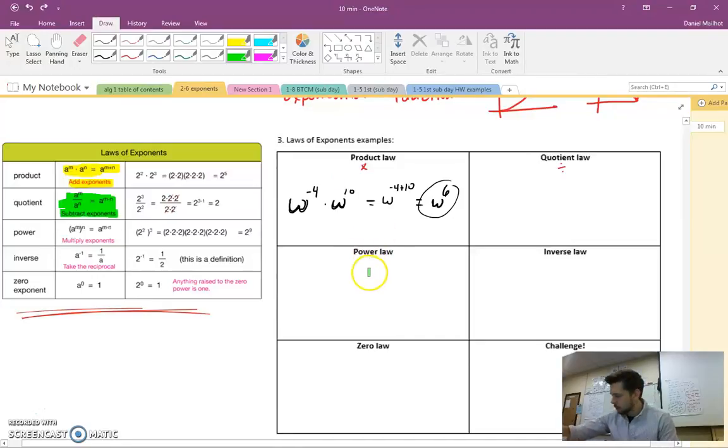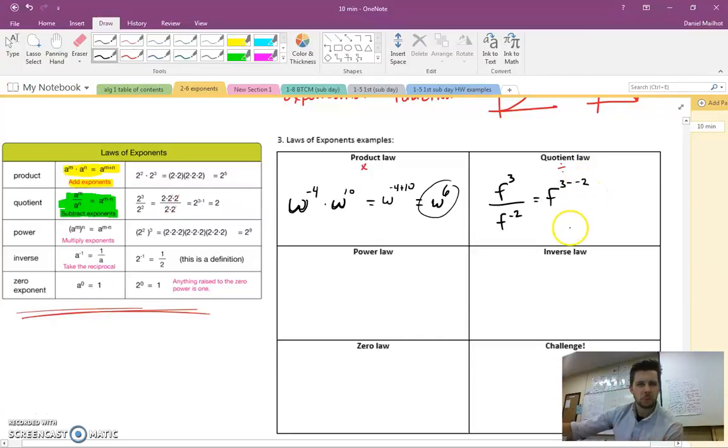So let's do another example. Let's do another one with negative numbers, just because sometimes those are tricky. Let's try f to the third divided by f to the negative 2. All right, they have the same base, f, and it's being divided, so you can subtract those exponents.